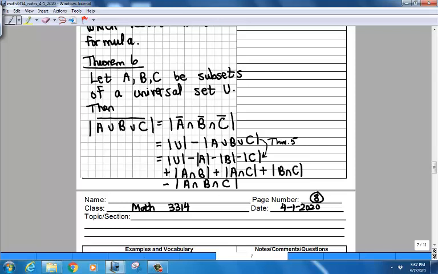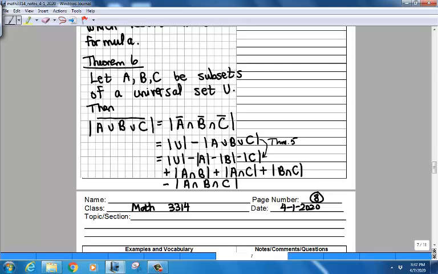And so when you do that, notice you're subtracting here. When you apply Theorem 5 to find the cardinality of the union, you end up showing that the cardinality of the complement is the size of the universal set minus the cardinalities of the individual sets, plus the cardinalities of the pairwise intersections of the sets, and then minus the cardinality of the intersection of all 3 sets.